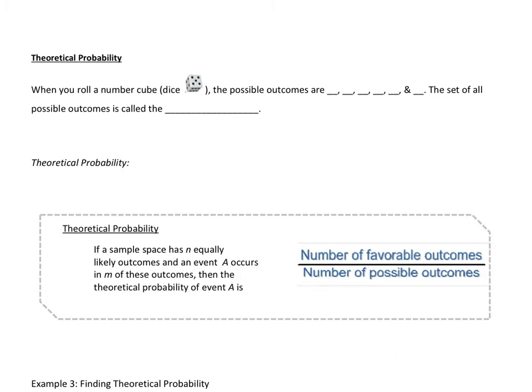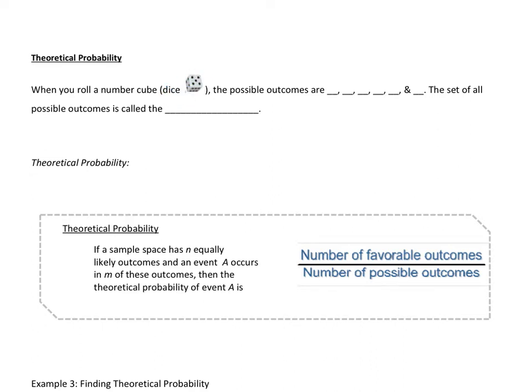On the back side of the notes, we're talking about our other kind of probability, which is theoretical. Okay, so theoretical, we're predicting what will happen. It hasn't happened yet, we're just predicting what will probably happen. Experimental, we're talking about what already did. So when you roll a number cube, when it says number cube, your book says that sometimes it's talking about a dice, okay, one of these things.